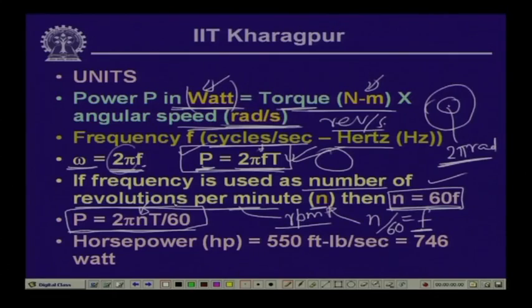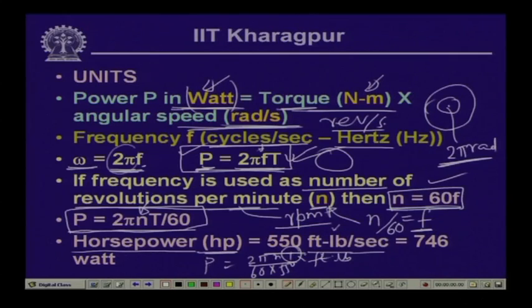Now, sometimes in FPS units we define the power as the horsepower. 1 horsepower is equal to 550 foot pound per second. So, if you write power in terms of horsepower, then T we write in terms of foot pound, and we get the expression that P equals twice pi n T by 60 into 550, where P is in HP, horsepower, and T is in foot pound.